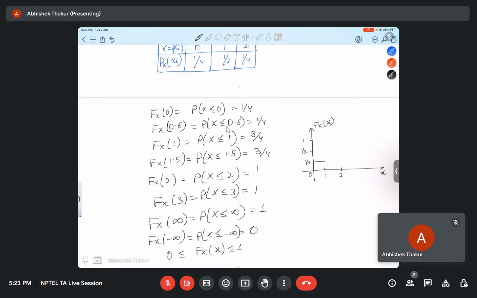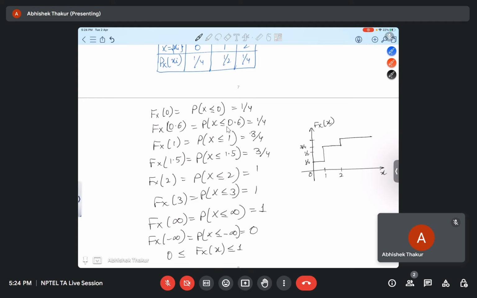Suddenly at X equal to 1, it will jump and go up to 3 by 4. So it will jump to 3 by 4, and at X equal to 2, the value will jump up to 1. Okay. So this is the curve for the probability distribution function.